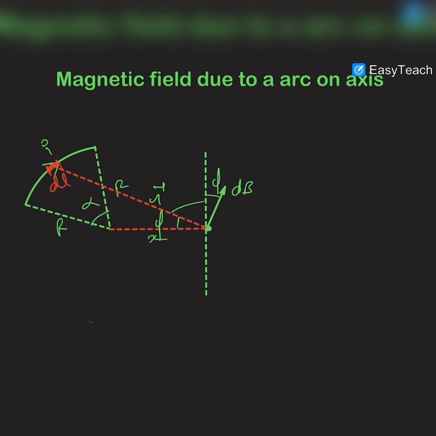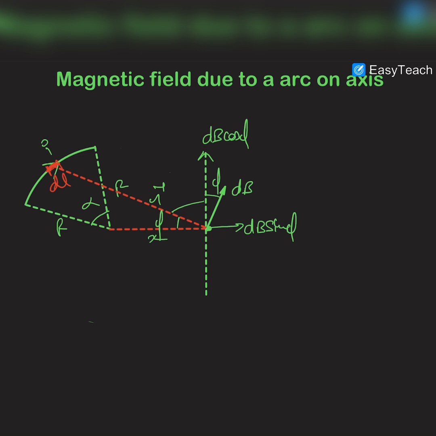The component of dB in this direction will be dB cos phi, and in this direction dB sin phi. Now dB cos phi will not be cancelled out, and therefore there will be both components of magnetic field which are non-zero, and we have to find both of them.